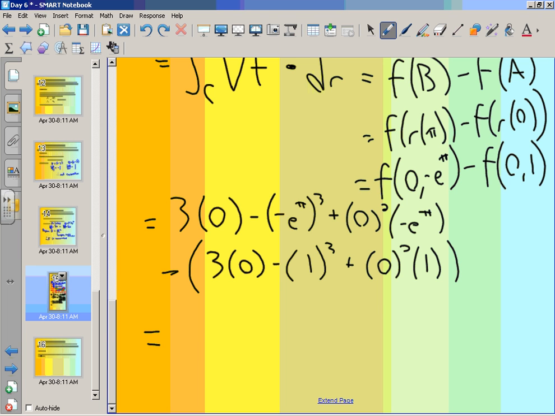And so I think it's just going to be equal to e to the 3 pi plus 1. Just like that.